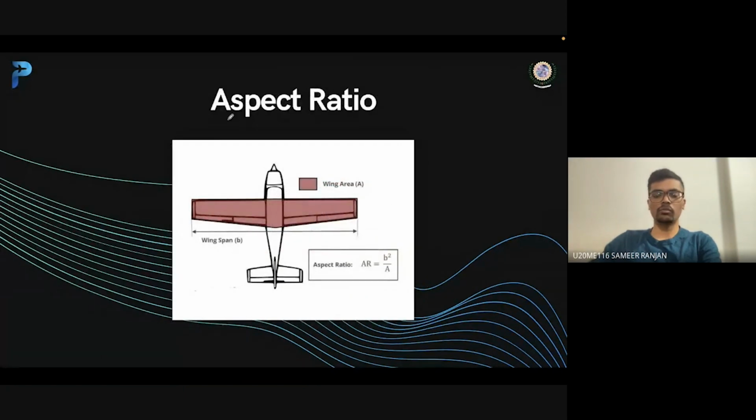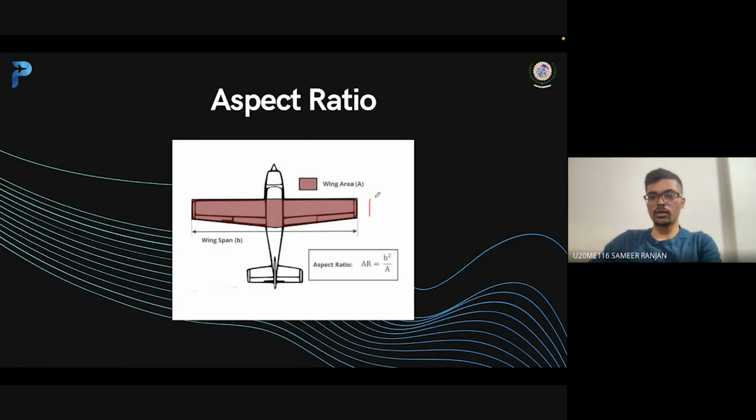Now you might have heard about the term aspect ratio. In pictures also the term aspect ratio is used, but in aircraft it has a different significance. The aspect ratio is the square of the wingspan divided by the wing area.